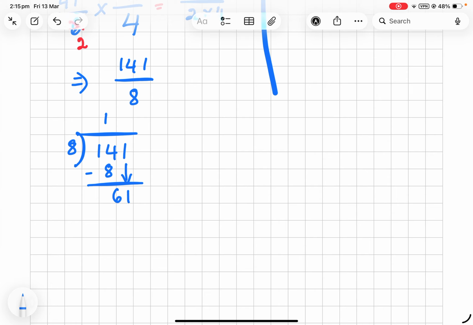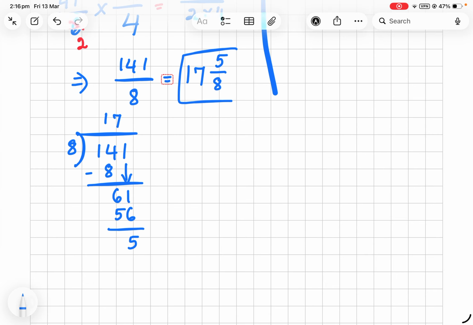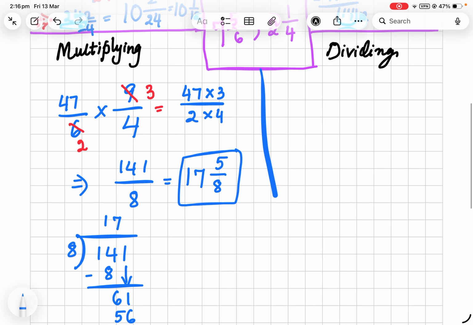Bring the next number down. Now 8 times 8 is 64, so you need to go a bit down. So 8 times 7, that's 56. So you have 5 remainder. That means this is going to end up as 17 and 5 over 8. Simple. That's how you would convert this.